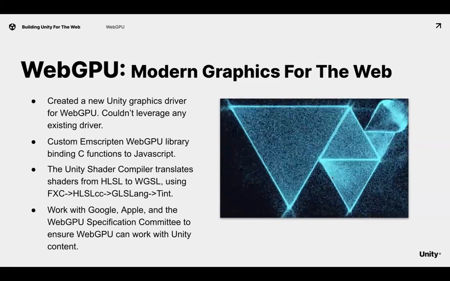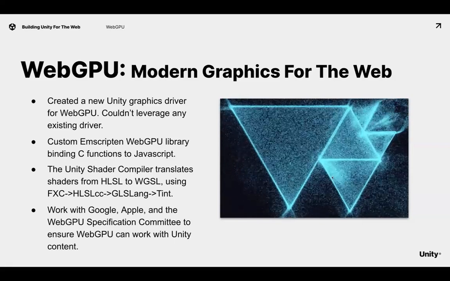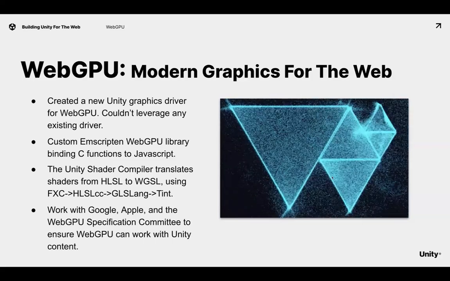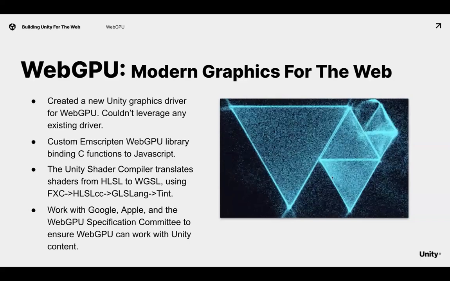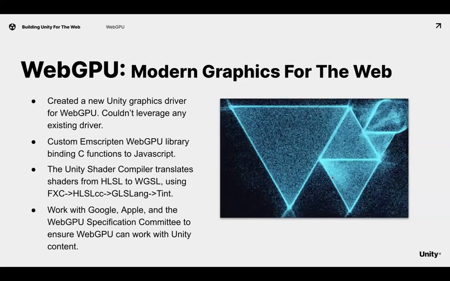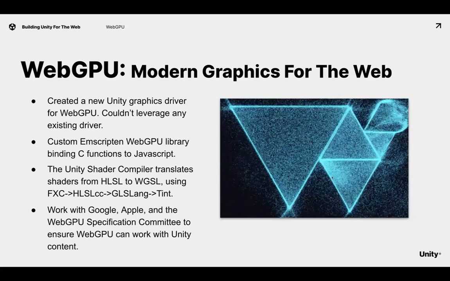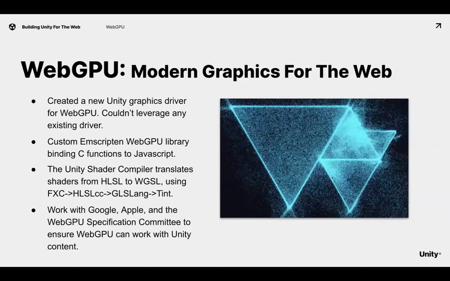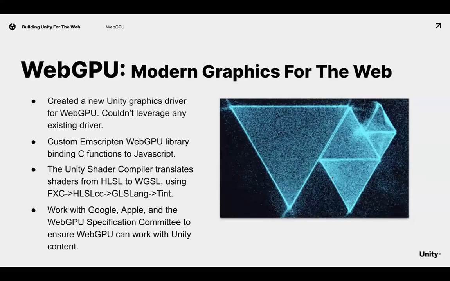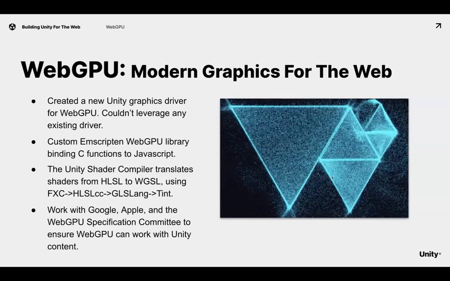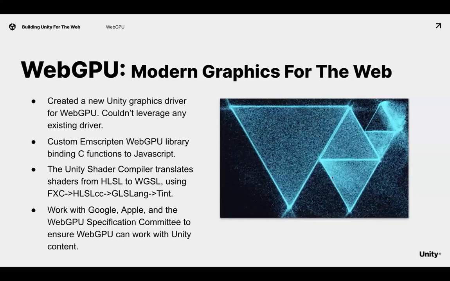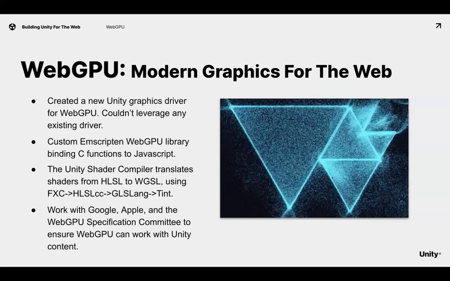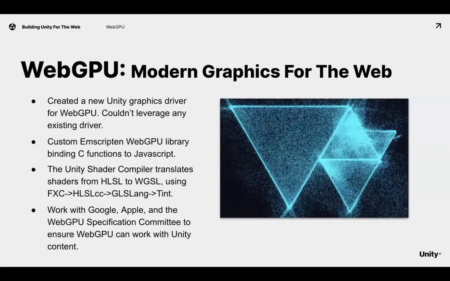WebGL is modeled after classic OpenGL, which I still love, but the new APIs do things more object-based instead of stack-based and state-based. And there's a lot of advantages to that. They also added things that they decided never to add to WebGL, which is compute shaders and direct drawing and all these more advanced features. And so we can utilize that quite extensively inside of Unity.